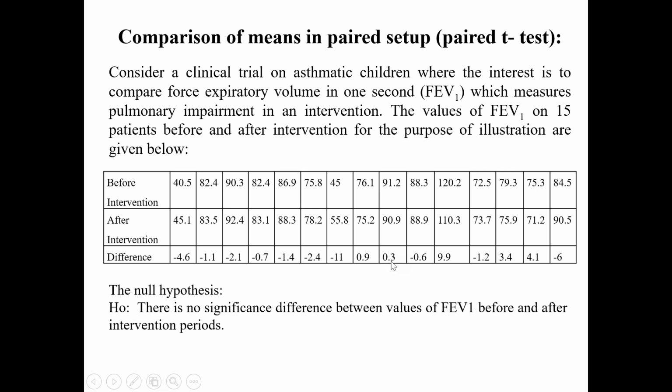Negative shows that there is an improvement, and positive shows that there is a decline, from 76 to 75 here it is 0.9. Similarly, 0.3 from 91 to 90 is a decline. Others are improved, like 88.3 to 88.9, minus points like this. So the null hypothesis is that there is no significant difference between the FEV1 values before and after the intervention period.